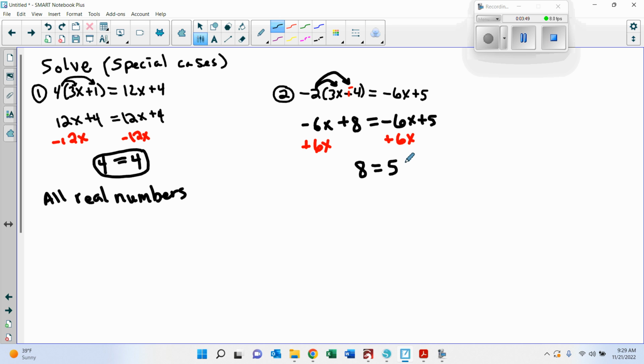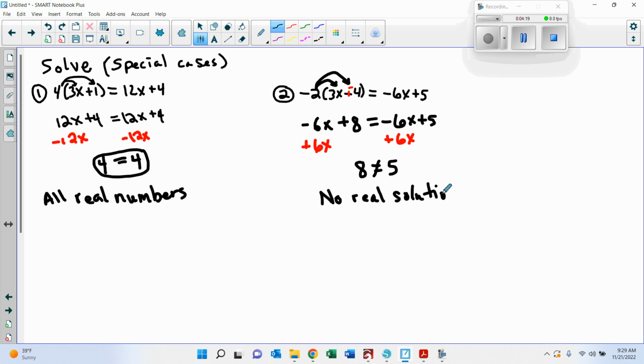The difference here is I ended up with something that's not true. In the first example, 4 does equal 4, but in the second example, 8 definitely does not equal 5. The variable disappeared, so it doesn't matter what I put in for it. I can never get anything that works. Since 8 does not equal 5, this one has no real solution.